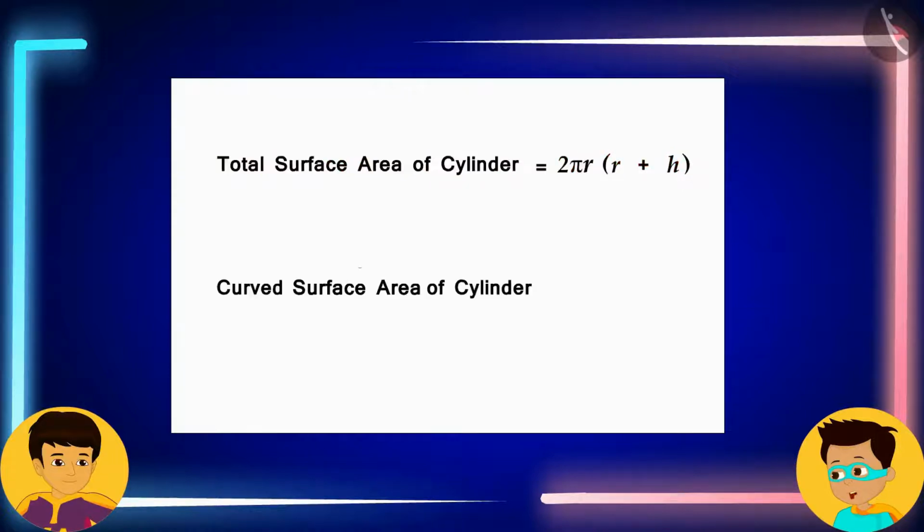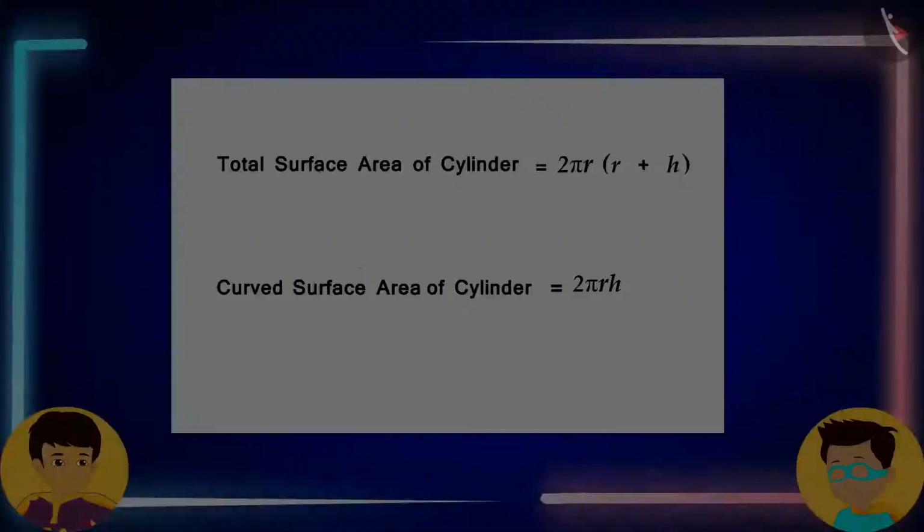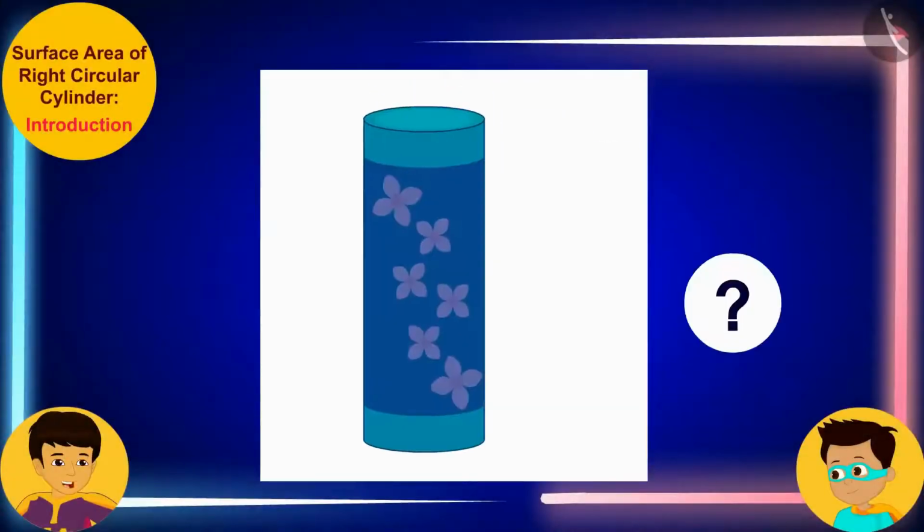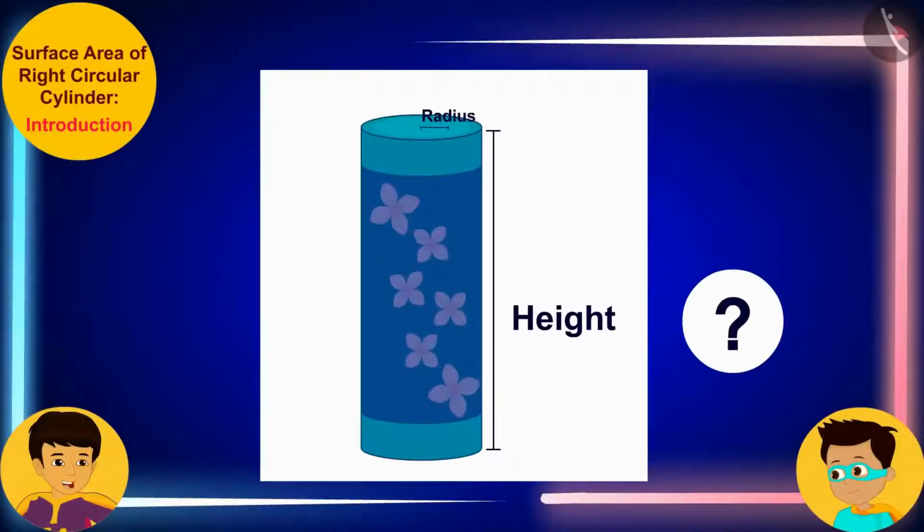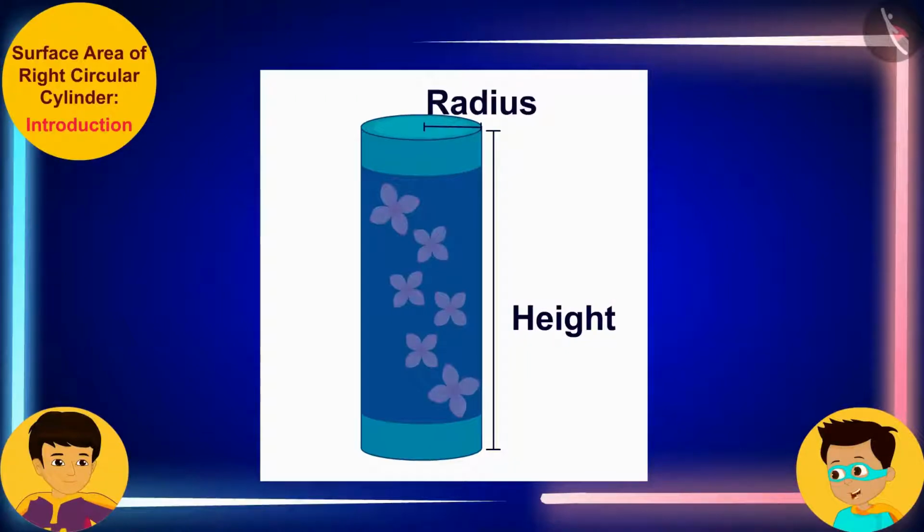And to find the curved surface area of a cylinder, we will find the product of 2 pi r and h. Thomas, what will be the height and radius of each of your cylindrical packets? The height of each packet is 12.5 centimeters and the radius of its base is 1.5 centimeters.